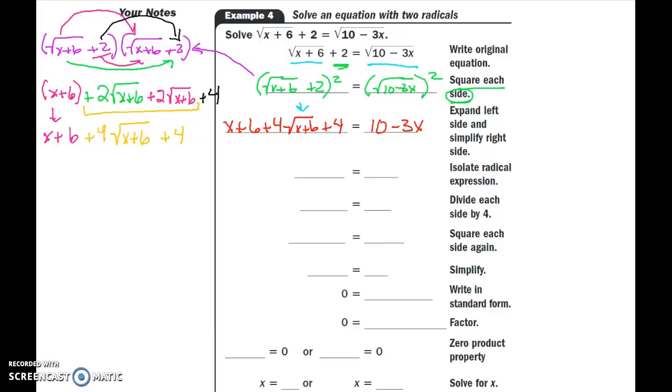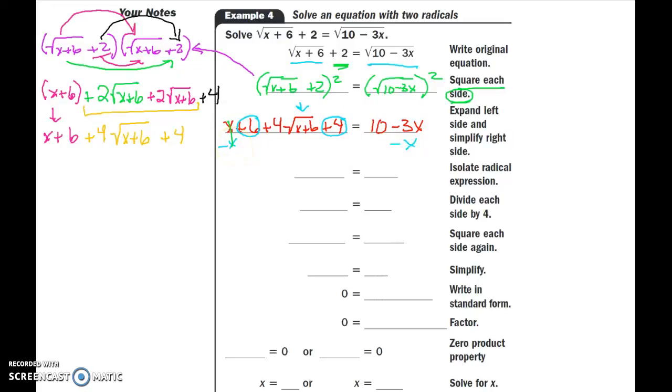And I'm going to start by, over here, subtracting x from both sides, which is going to give me, and I need to combine these like terms. I've got 6 and 4. So that's going to give me minus x.